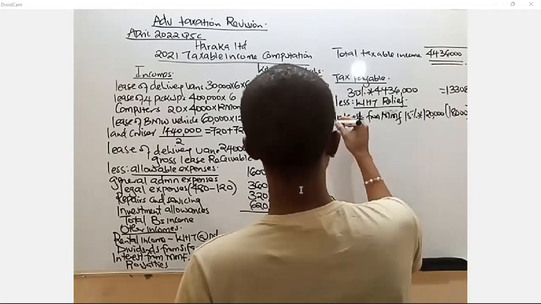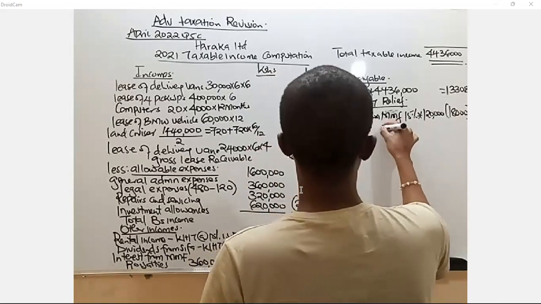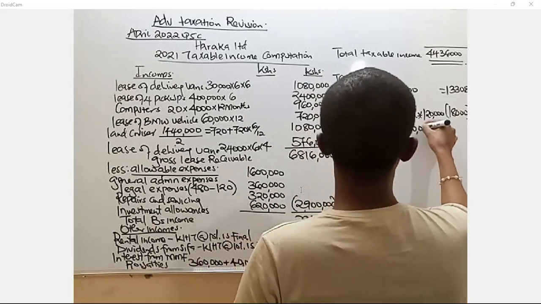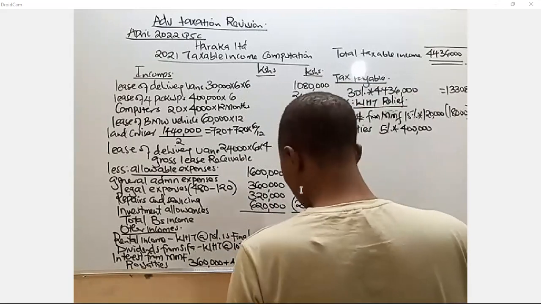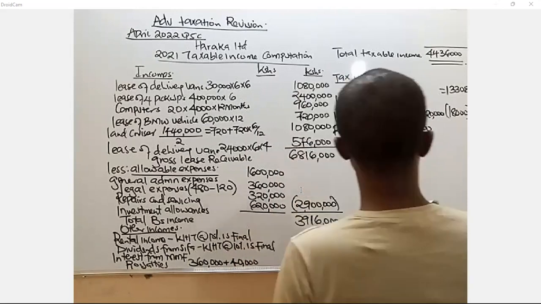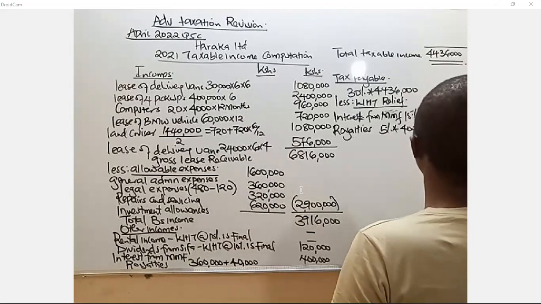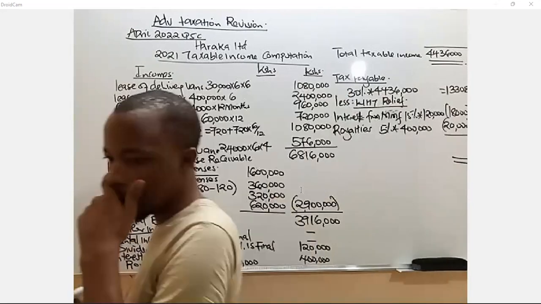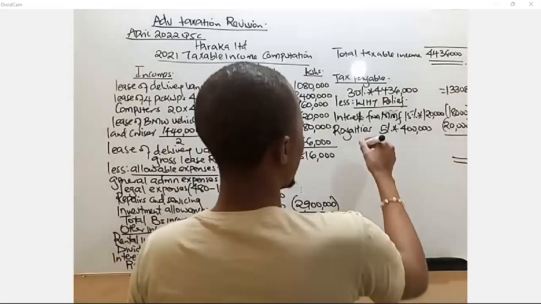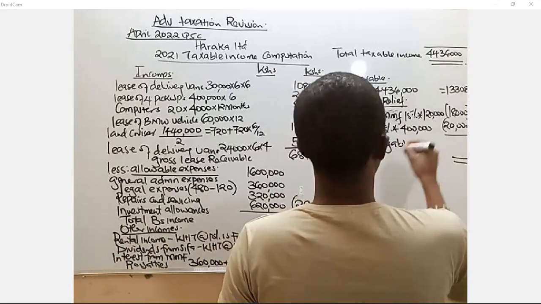Then we have royalties. How much is the royalty? The rate is 5%. We multiply by 400,000. This translates to 20,000 shillings. How much is our tax payable?